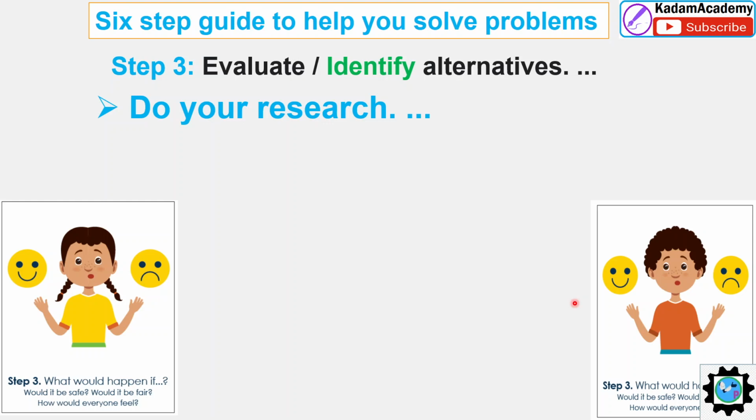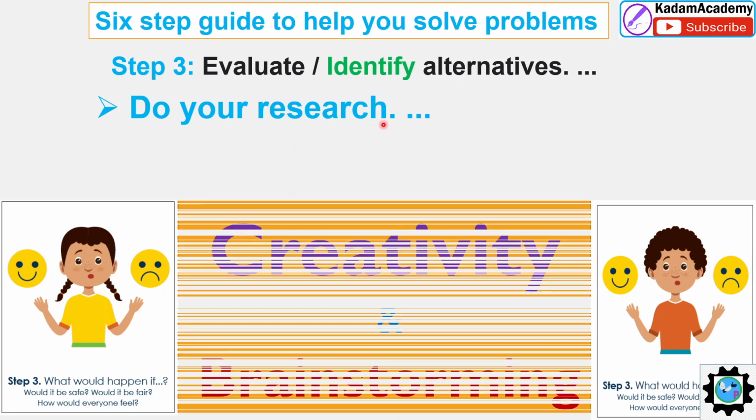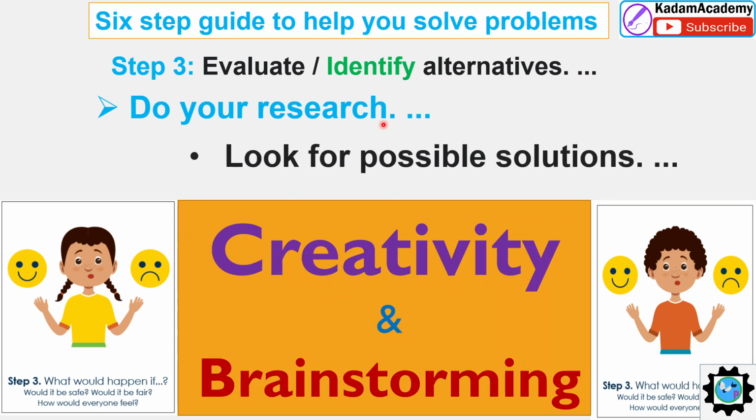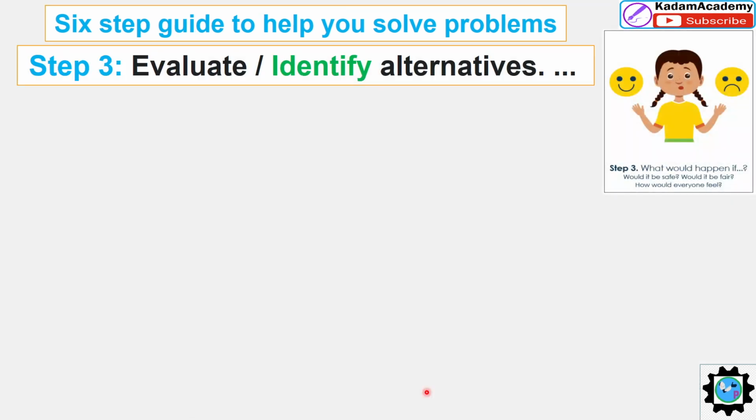After researching the problem, it's time to start thinking about possible alternative solutions. This stage, as you can think, requires creativity and brainstorming. Friends, look for possible solutions with creativity and brainstorming.